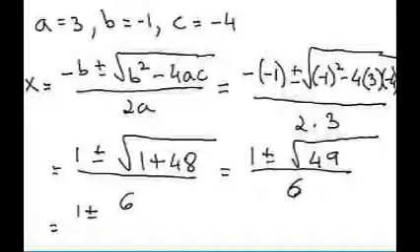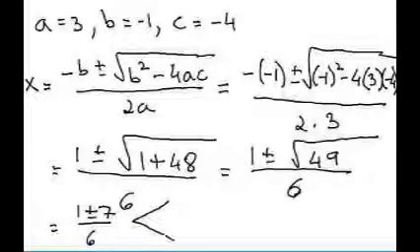So we end up with 1 plus or minus 7 divided by 6. And again, I want to remind you that the plus or minus here represents basically two different answers. The plus sign will give me a different value, and the negative sign will give me yet another value for x. Both of those will be solutions to the original equation.